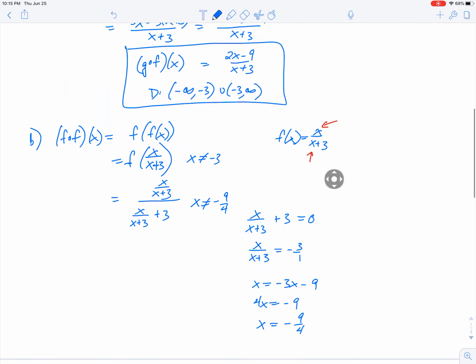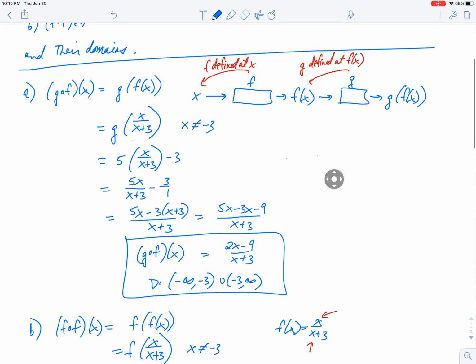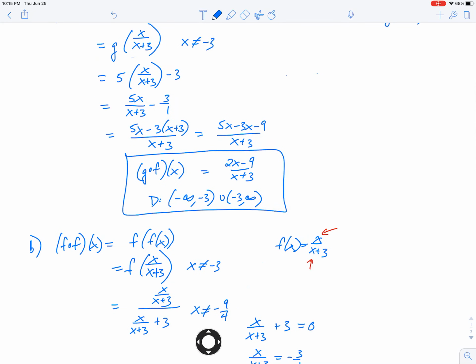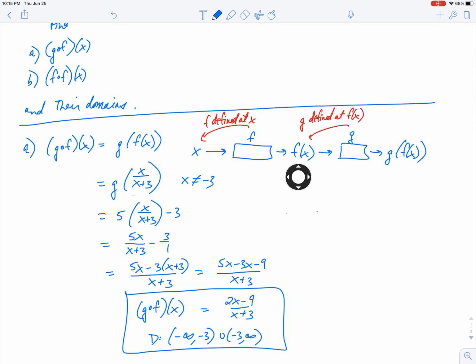So scrolling back up for a second, when I did this little chart up here, g had to be defined at f of x. We had to make sure that f of x made g defined. And what we noticed here was that when x takes on the value of negative 9/4, it makes f of x an expression at which g is undefined.